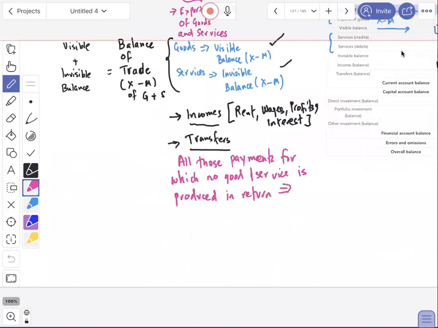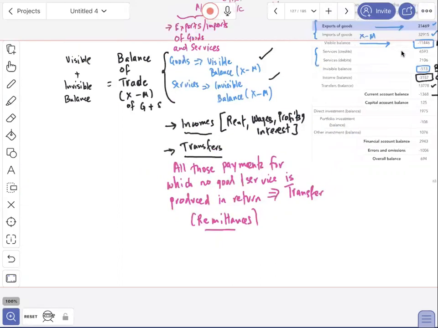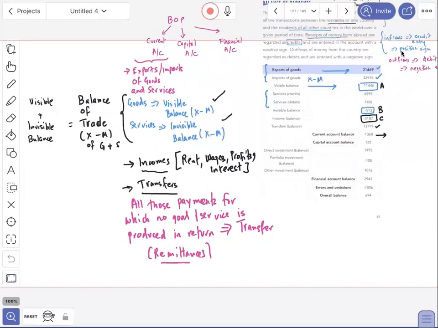For example, what are remittances? Remittances are payments sent by, let's say, workers living outside the country back into the country. So remittance will be part of transfers. Does that make sense, guys?